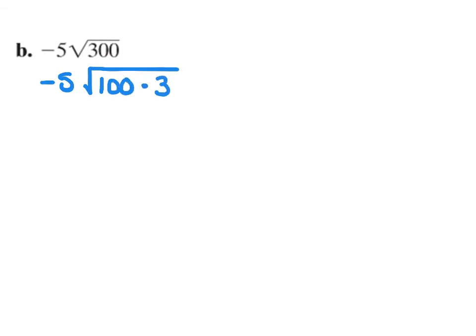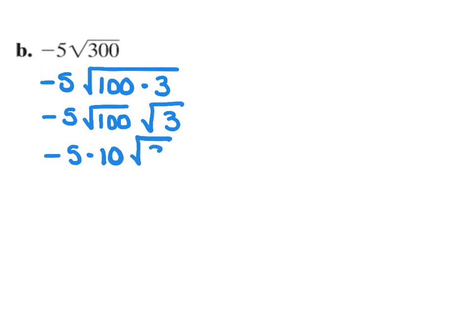I can split up the radical, so it's negative 5 square root of 100 square root of 3. The square root of 100 is 10, so it becomes negative 5 times 10 square root of 3. And if I do that last part of multiplying the negative 5 times 10, it becomes negative 50 square root of 3, which is your final answer.